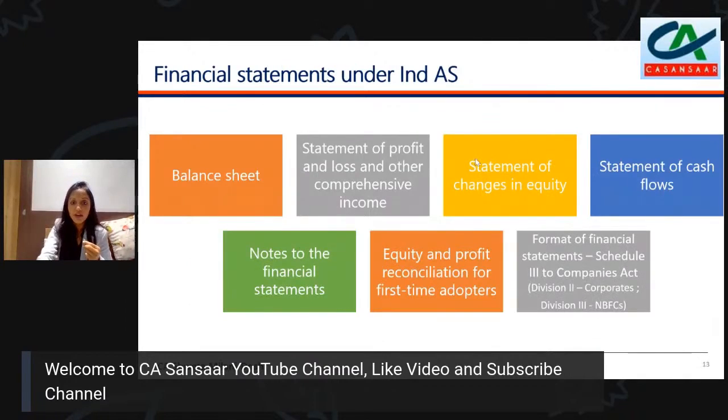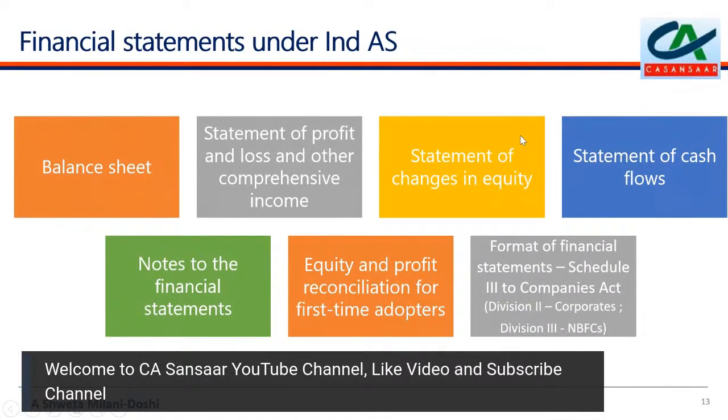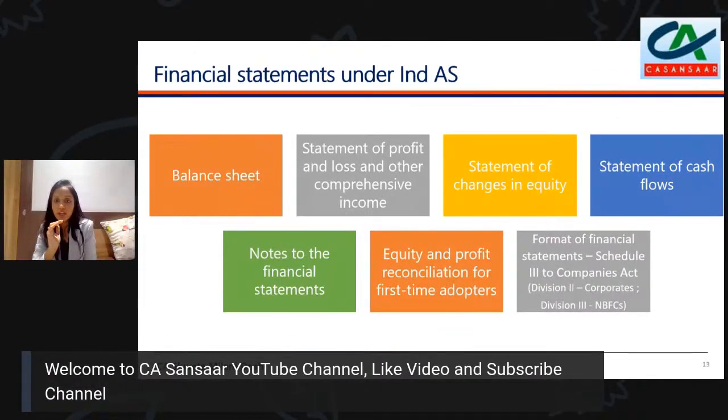Now, the third statement, which is called the statement of changes in equity. This is also a new statement under the Ind AS regime. Statement of changes in equity is nothing but a statement which shows the entire movement of equity from opening to closing. So, as on 31st March 2019, I will show the movement of equity of the current year.